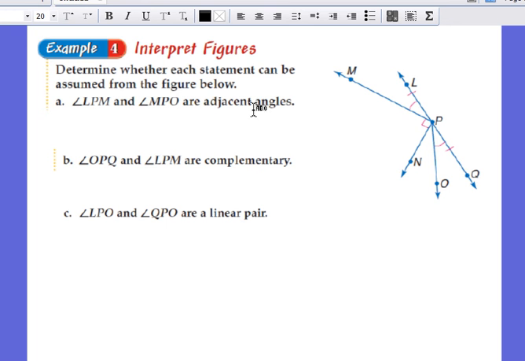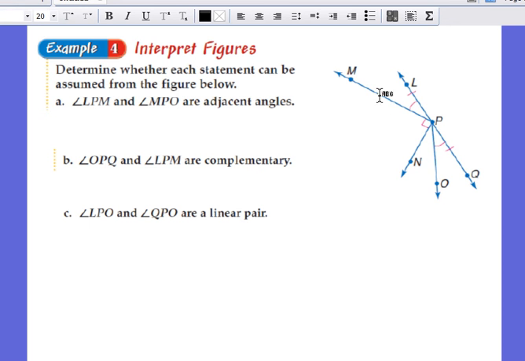All right, so adjacent, let's look at that. LPM. It might be adjacent because I see MP and PM. Let's look at the picture first, though. LPM and MPO. Yes, those are adjacent. That's fine because they're basically next to each other, right? One angle is not inside of the other.